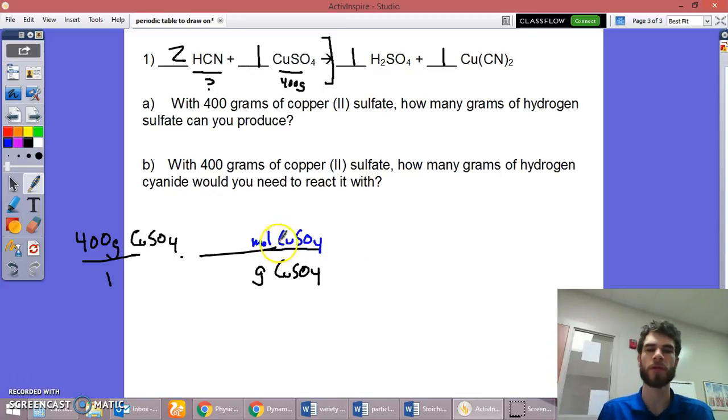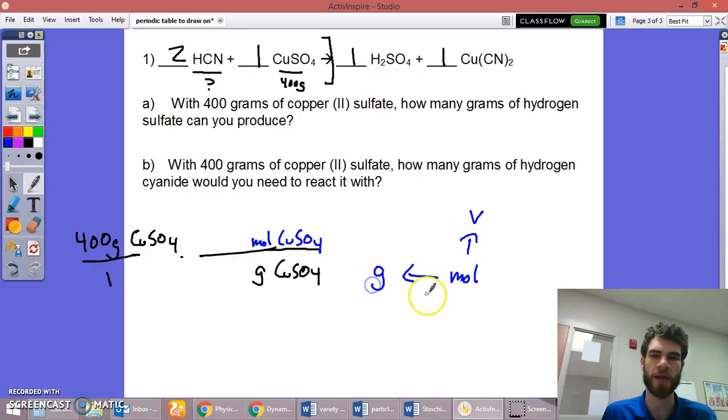And how did you know that you were going to go there? Well, that's really the only place that you can go. If you look at your mole map, you've got grams. I know moles were in the middle. I think volume was on top, and grams, I think, was off here to the left. So the only place to go is from grams into your central station of moles.